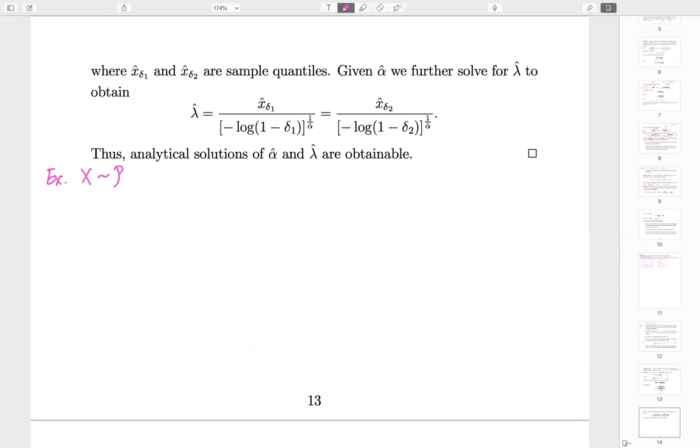Suppose X follows a Pareto distribution. So apply the quantile matching. First, we need to recall a result of the Pareto: the CDF is given by this form, with alpha. Now we are trying to do the matching.